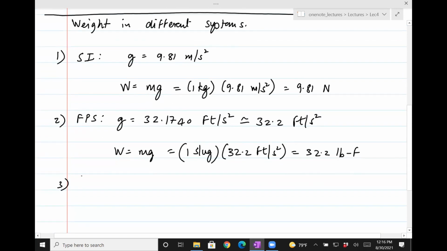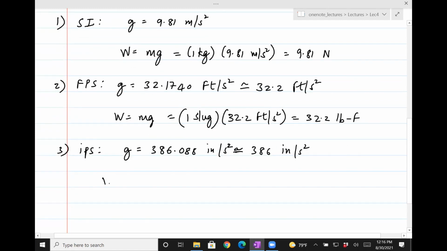And then finally, IPS, gravity is 386.088 inch per second square, which is normally rounded to 386 inch per second square.